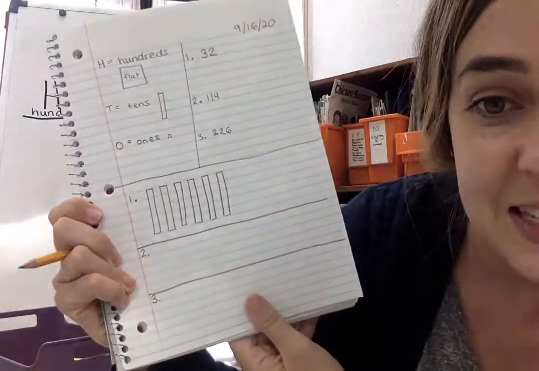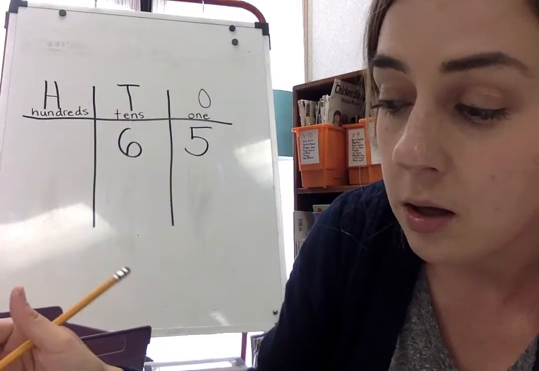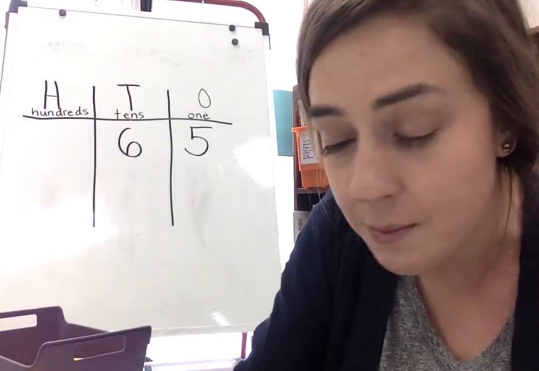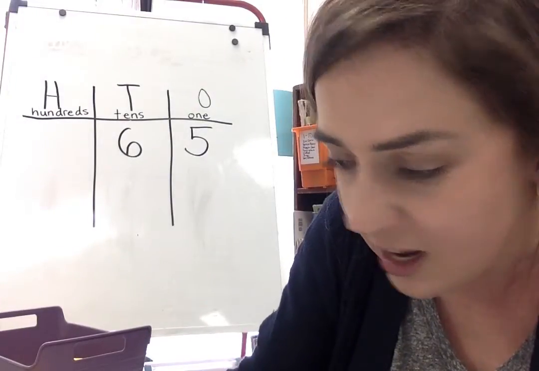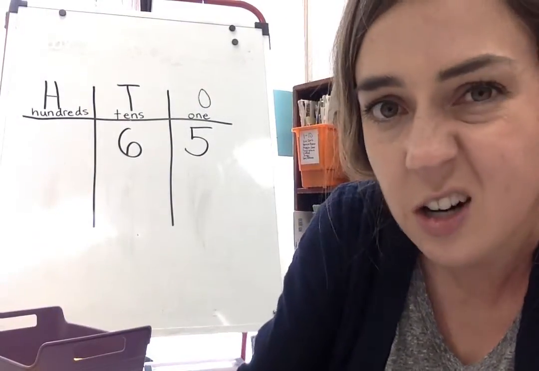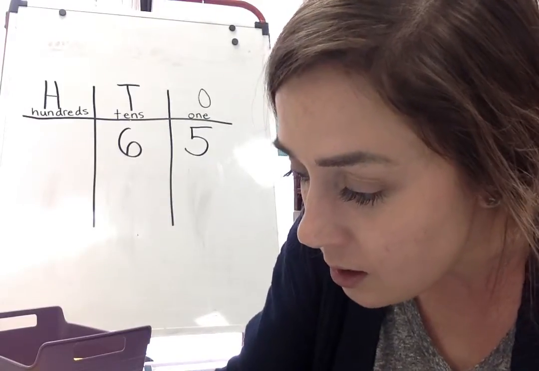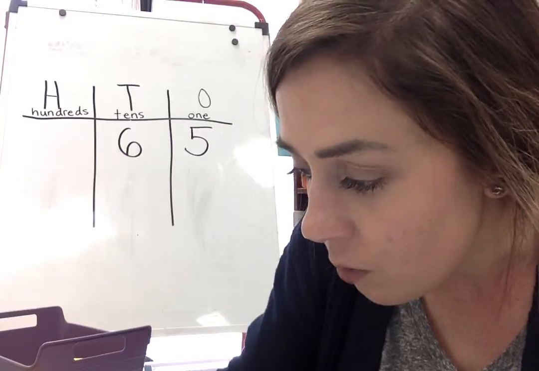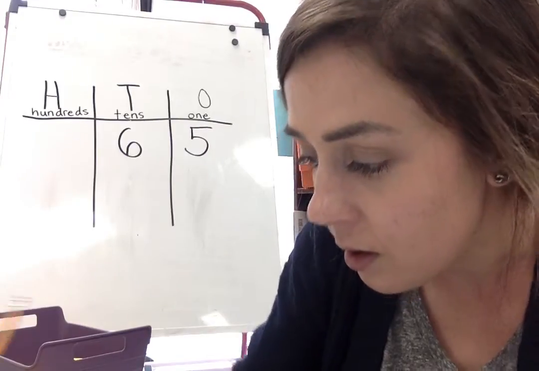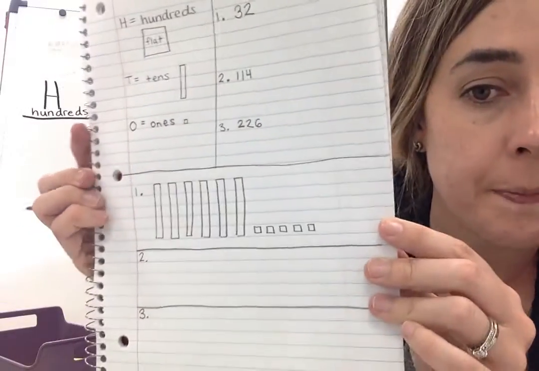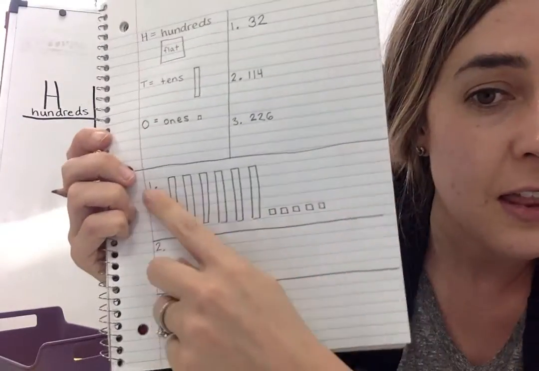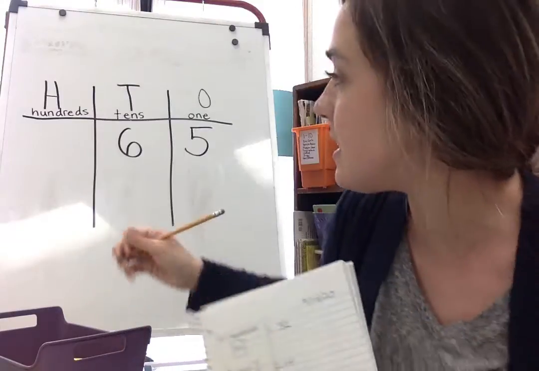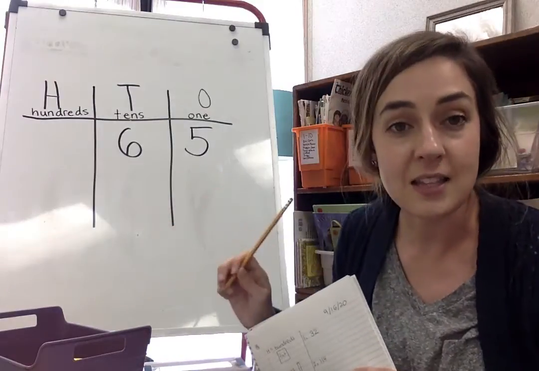So next to my 6 sticks, I'm going to draw 5 small cubes. They should all be the same size, and they should be next to one another, not all random over the page, or it's hard to tell. 1, 2, 3, 4, 5. All right. So there we go. This is shown in base 10 blocks, but this means the same thing as this.